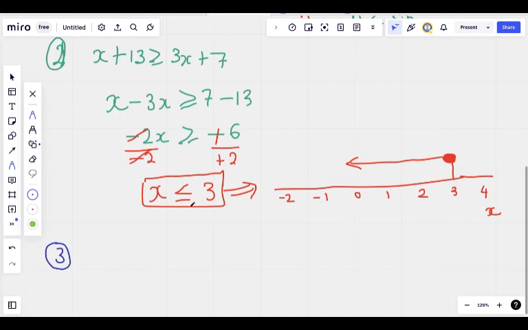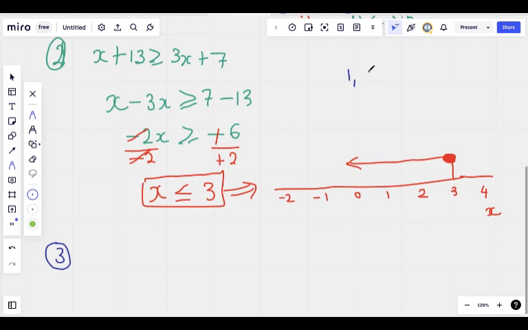Integers are whole numbers. They could be positive whole numbers and also negative whole numbers. That's why we have negative integers. -1 is an integer, but it's a negative integer. We have -2, -3, -4, -5, as long as they are whole numbers, they are integers. But this question says we should list the positive integers that go with the solution.